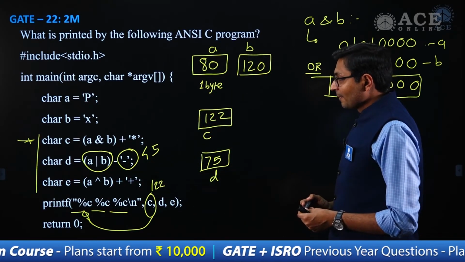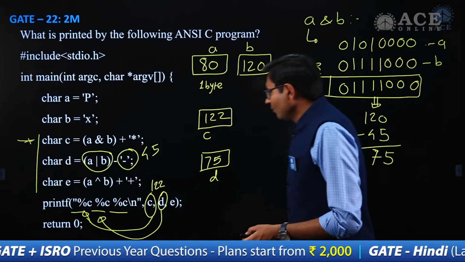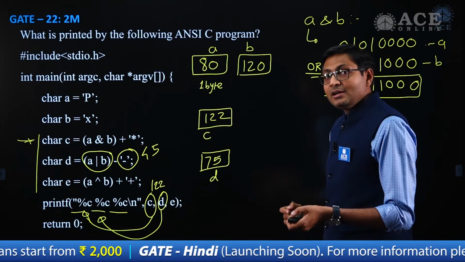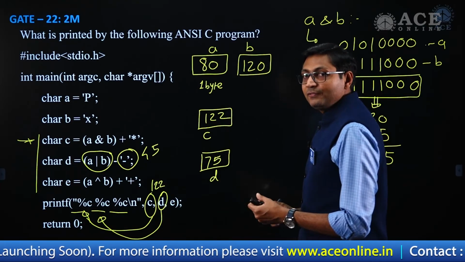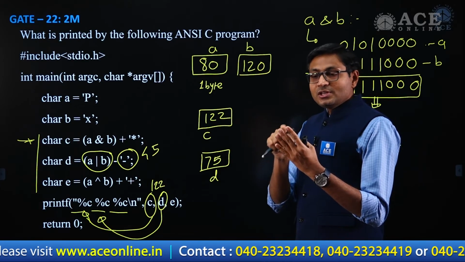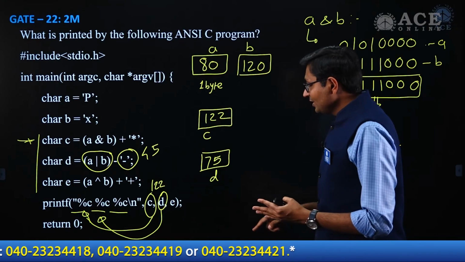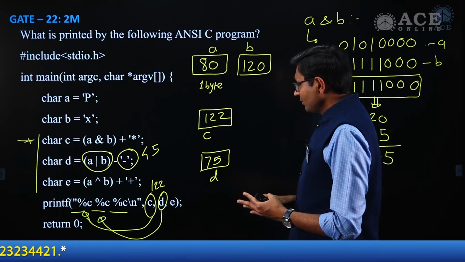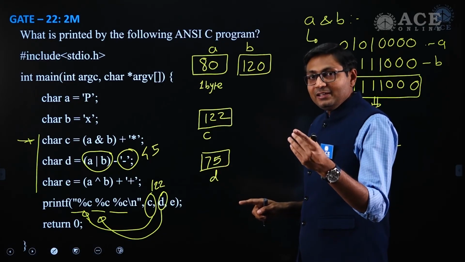And when I print D as a character, what is the equivalent of 75? If you just count A, B, C, D, E, F, G, H, I, J, K, right? 65 is a capital A, isn't it?